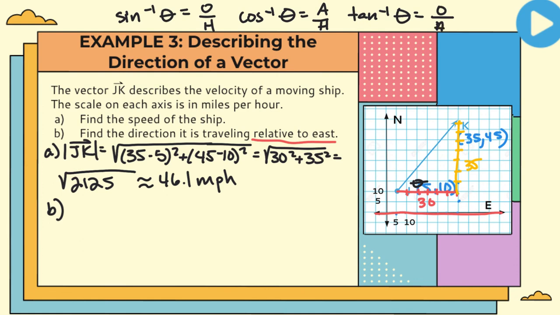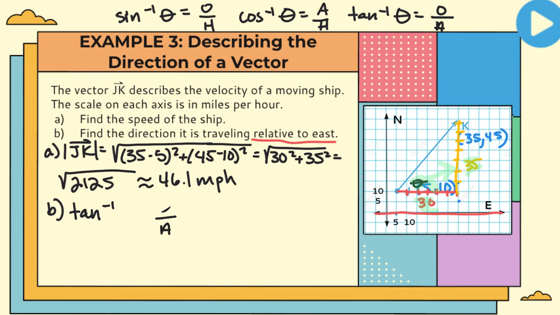In relation to the missing angle, we have opposite, which is 35, over adjacent, which is 30. So it will benefit us to use the inverse tangent.